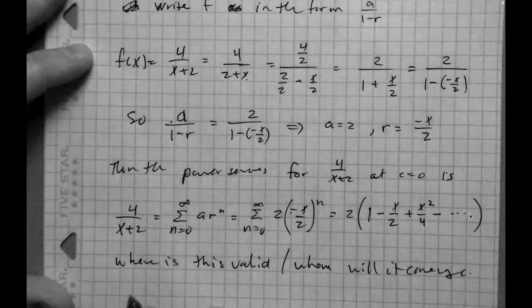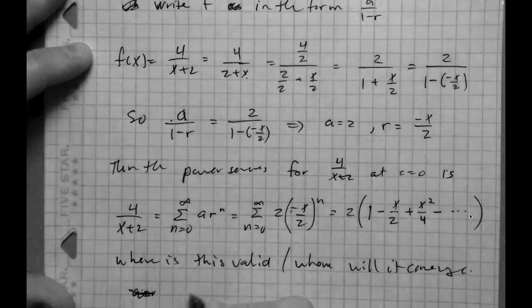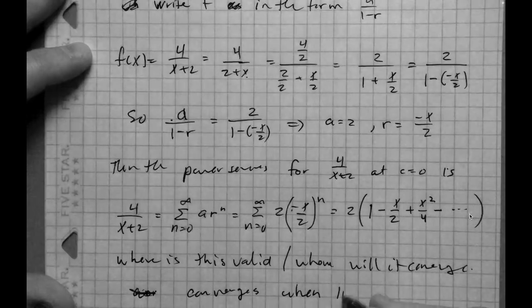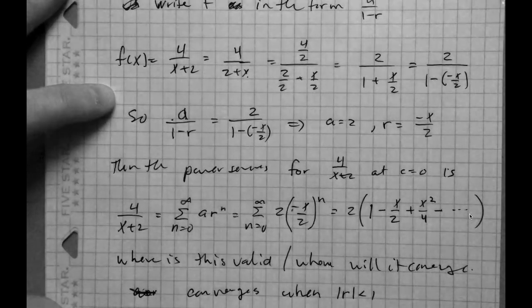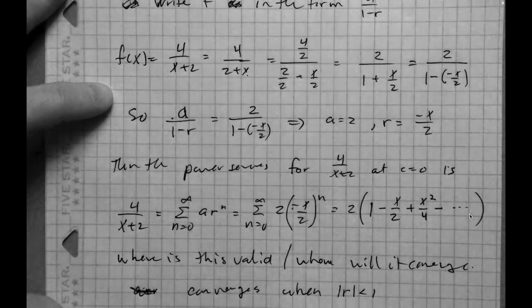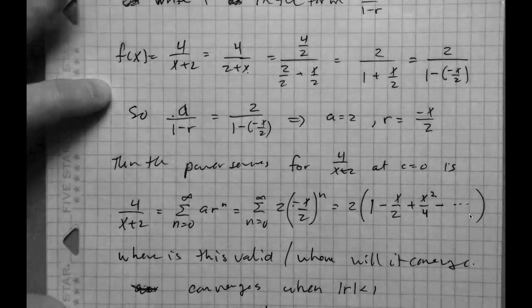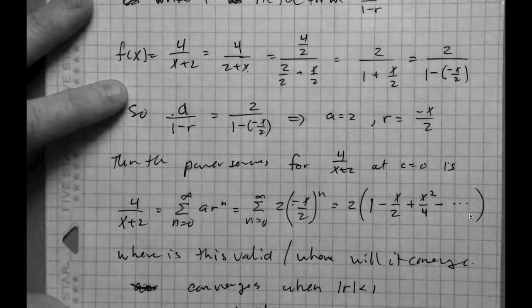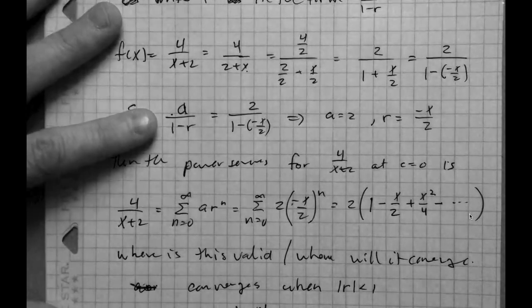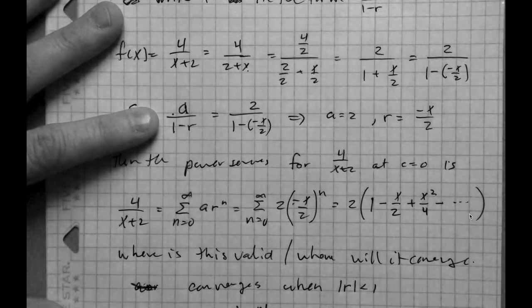And so it converges when the absolute value of r is less than 1, i.e. when the absolute value of negative x over 2 is less than 1. Okay, and so that means it's centered at 0 and its radius will be 2.